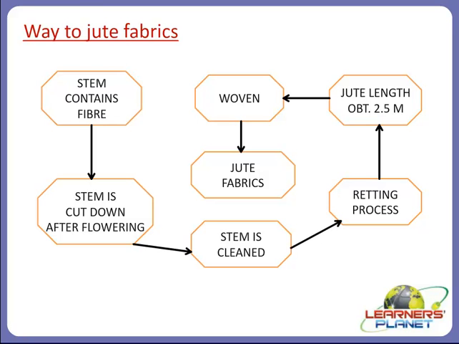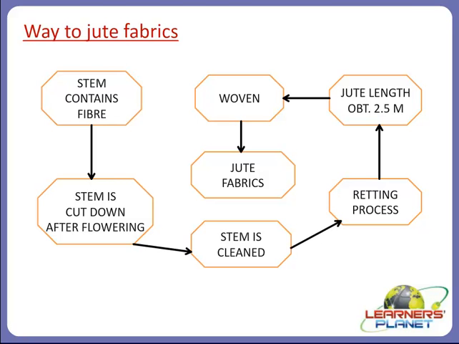Jute is a bast fiber and it is obtained from plants which are grown in monsoon climates. It has been cultivated in India since ancient times. Jute is very much useful to us, right? So what is the way to make jute fabrics?